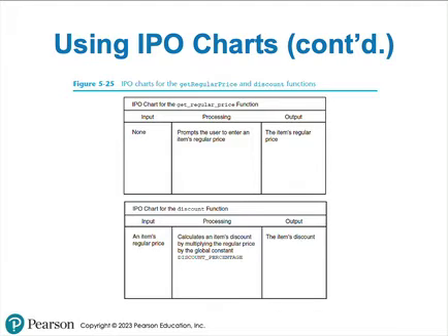I don't know if you really need a function for that. As far as discount, the input is going to be the regular price. It's going to multiply that by a global discount variable named discount_percentage, and then what it's going to return or output is the item's discount.